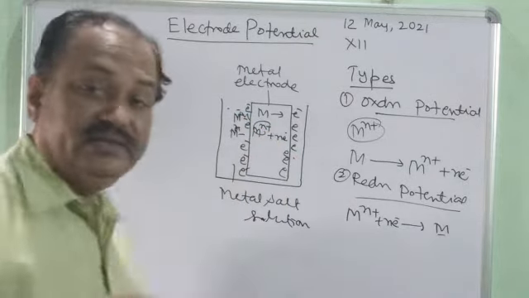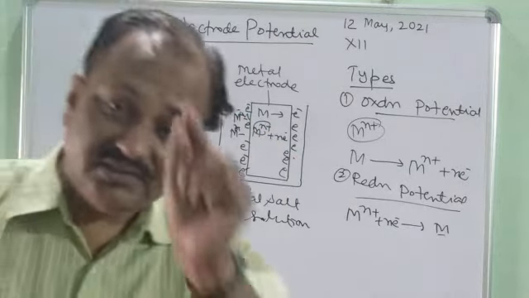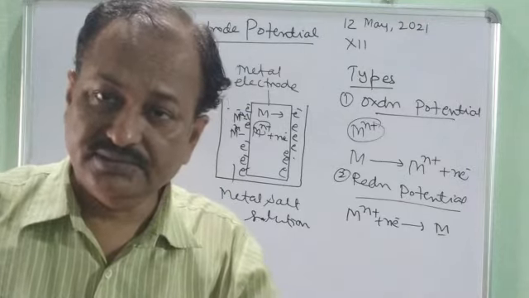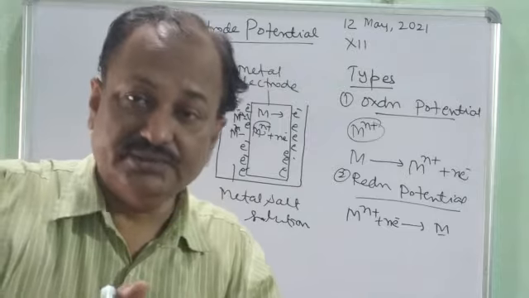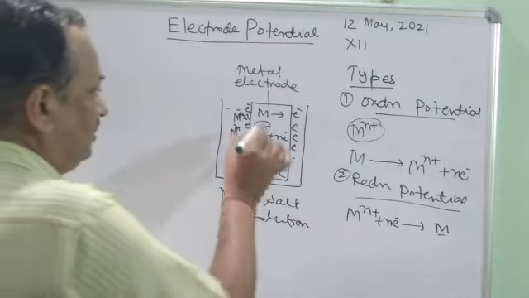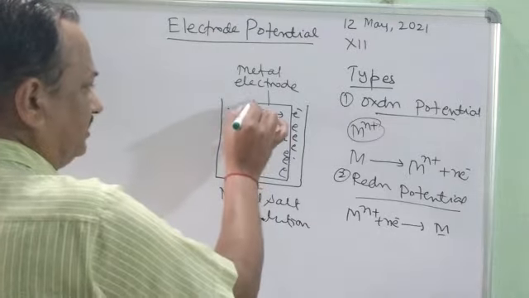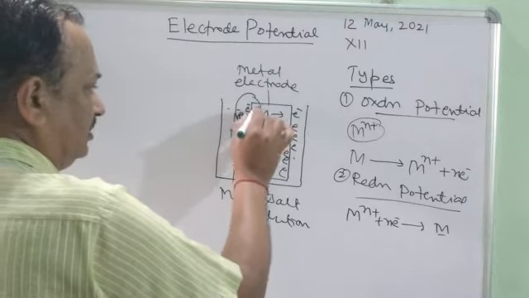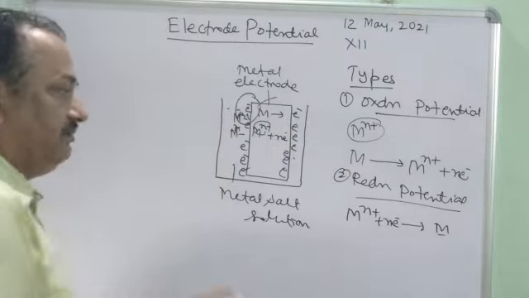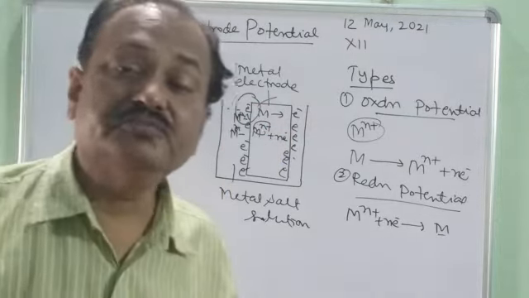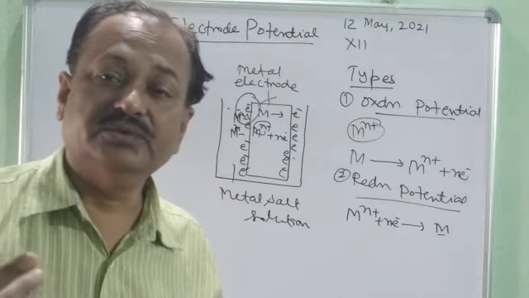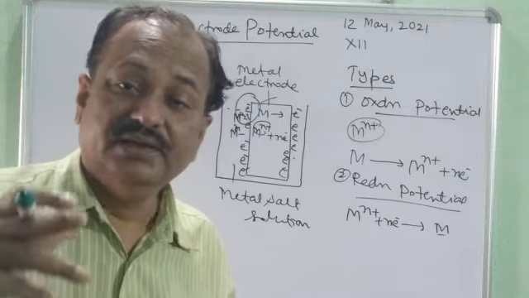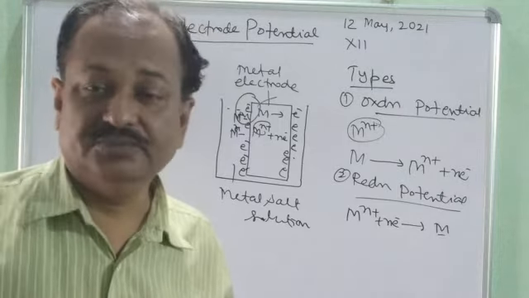The point is that the metal ions will be just outside the surface and electrons will be just attached to it. So here there will be the development of potential. This potential is very, very small, and for a larger potential we have to take into consideration some appreciable development of potential.